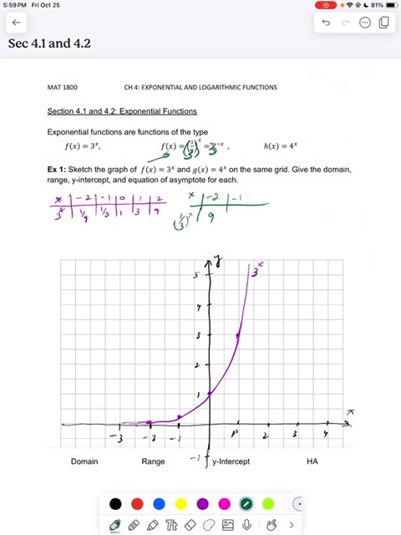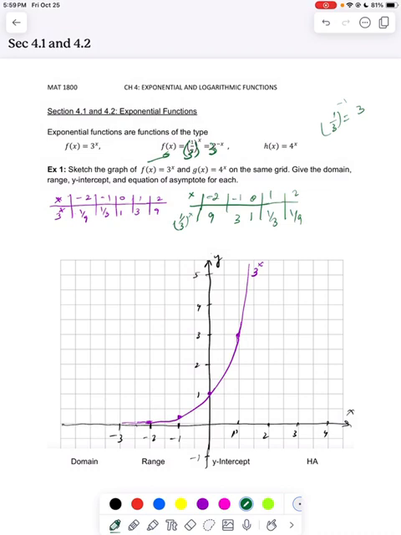At negative 1 we will have 1 over 3 raised to the power negative 1, which means 3 raised to 1, which means 3. At 0 we will have 1. At 1 we will have 1 over 3. At 2 we'll get 1 over 9. So if you notice, the values got reversed.